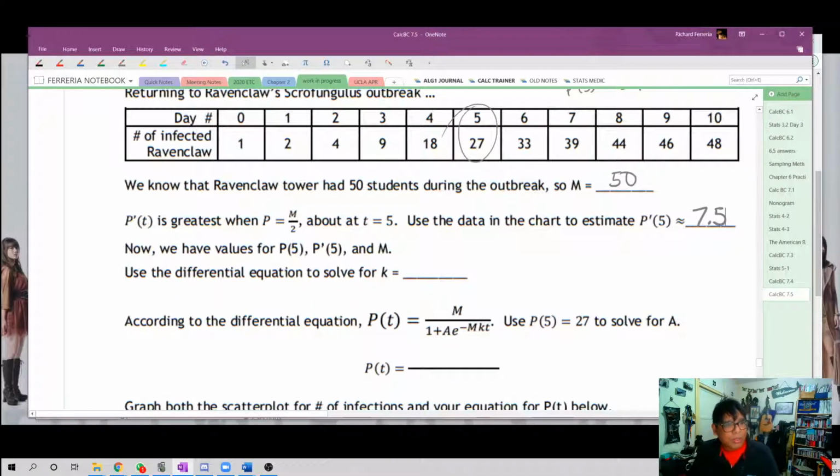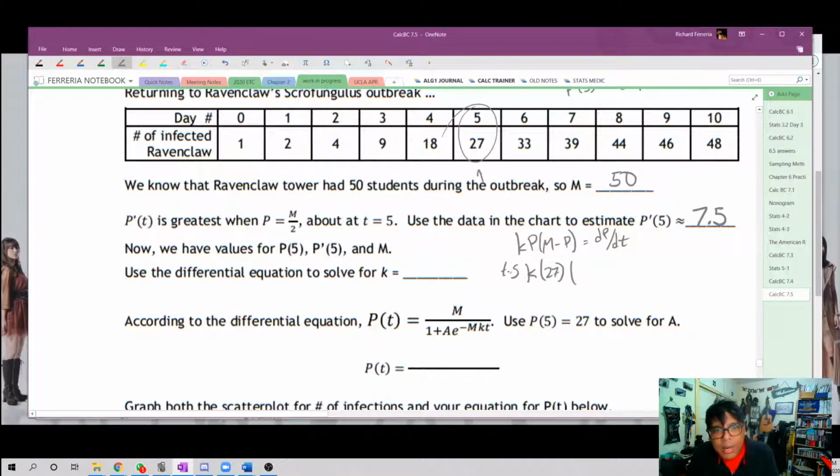So now we can use our differential equation to solve for k. Let's go ahead and do that. We know k p (m minus p) is equal to dp/dt. When t equals 5, we've got k. We know p is 27. That's from here.